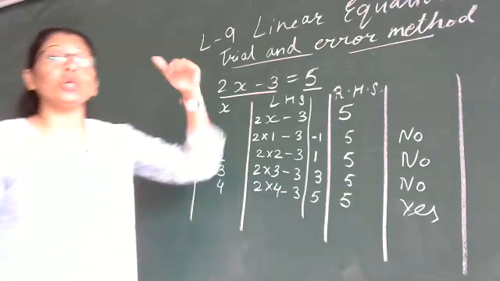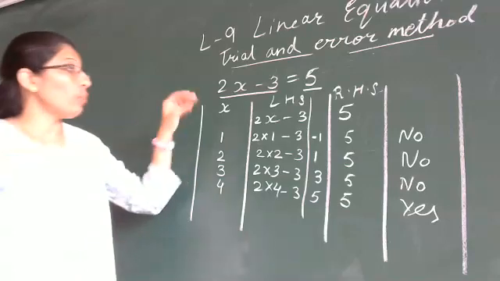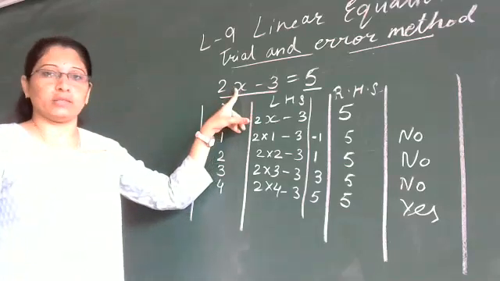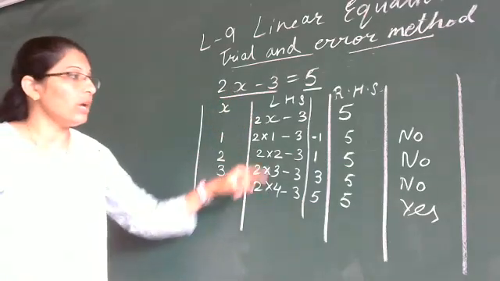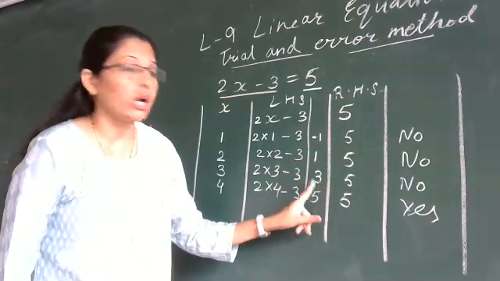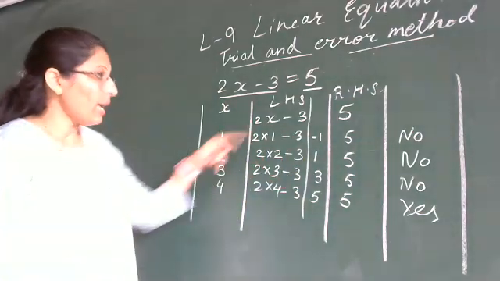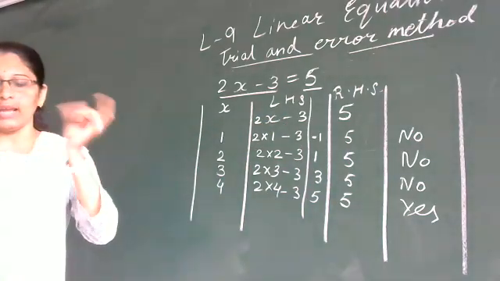In this method, we have to try putting different values of x. It is known as trial because we are getting many wrong answers, so it is error. So trial and error method. Understood the meaning of trial and error?